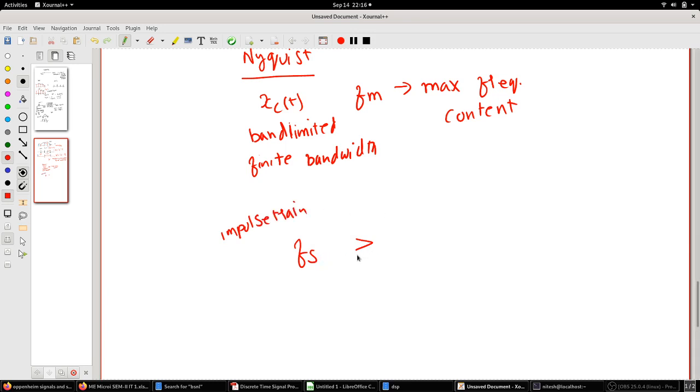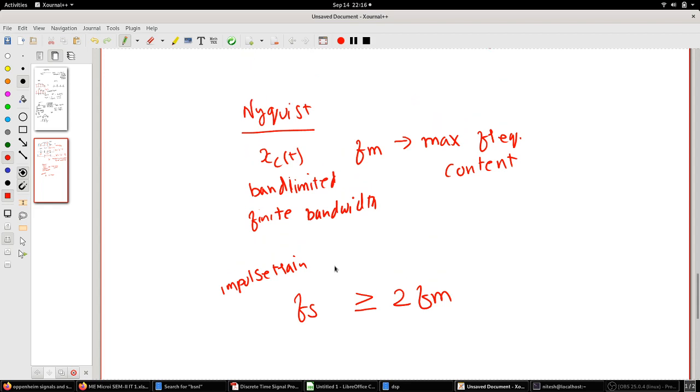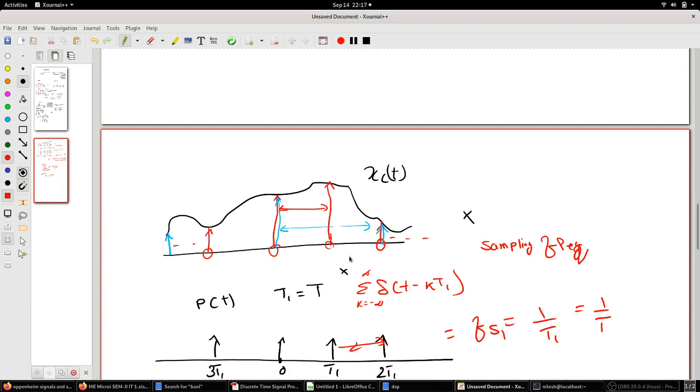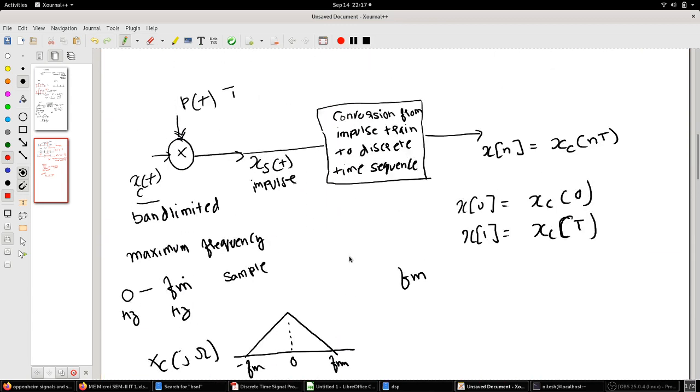If I use an fs which is twice fm, and this criteria is not violated, if this criteria is actually followed, then you will be able to recover from these samples.